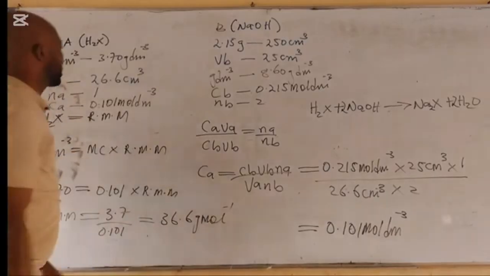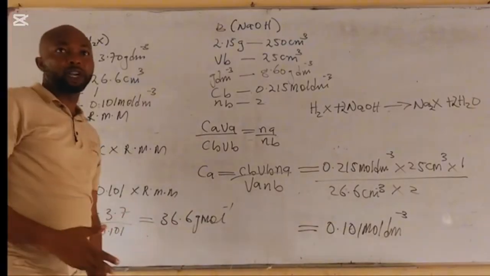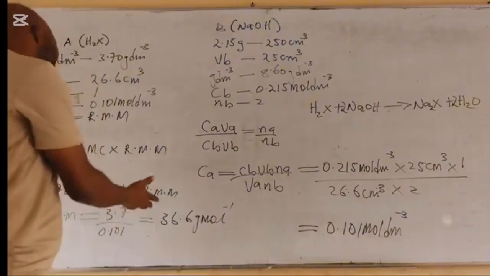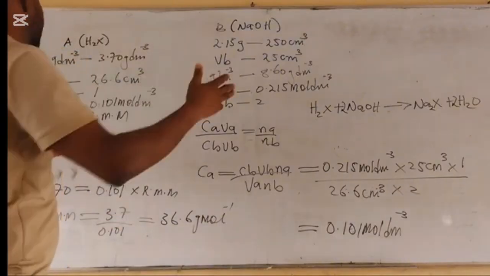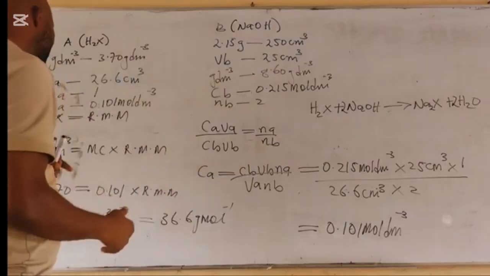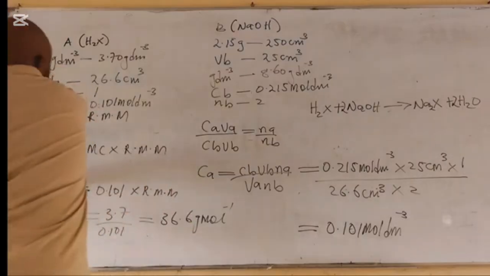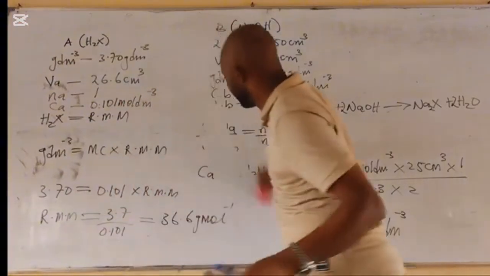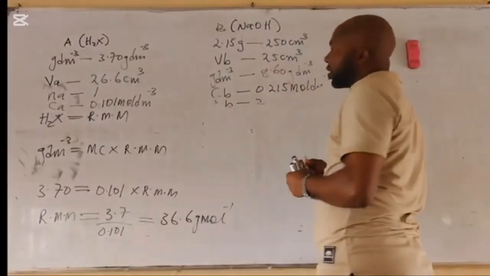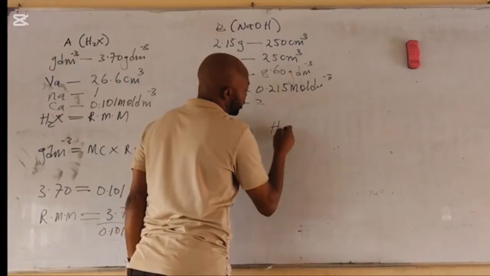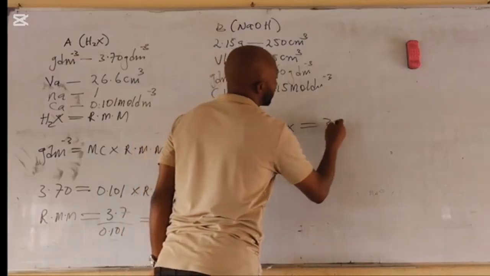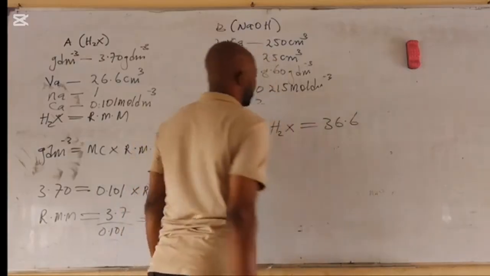That's not all yet. Now we can apply the main formula to finish. So we have 36.6 g/mol. Let us now get the value of X. To get the value of X now, let's come this way. For the value of X, I have H2X is equal to 36.6.